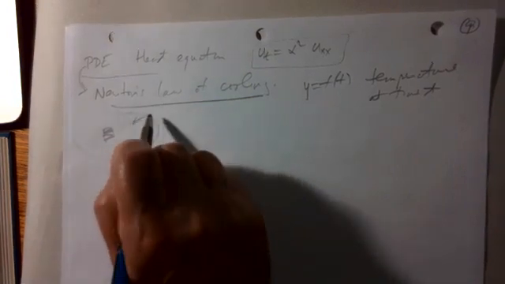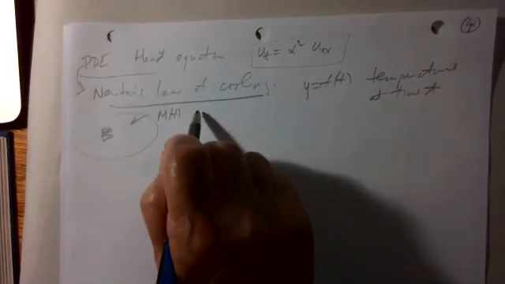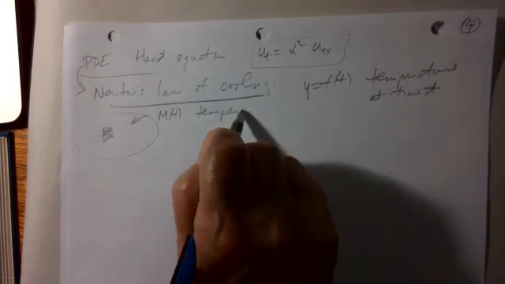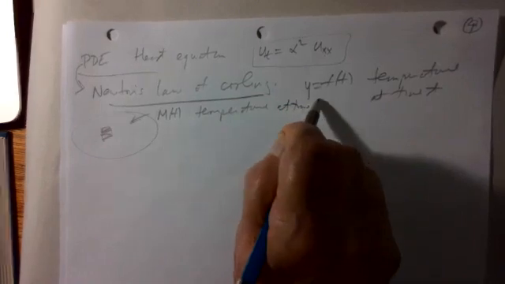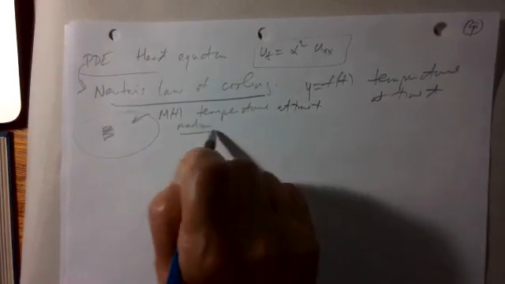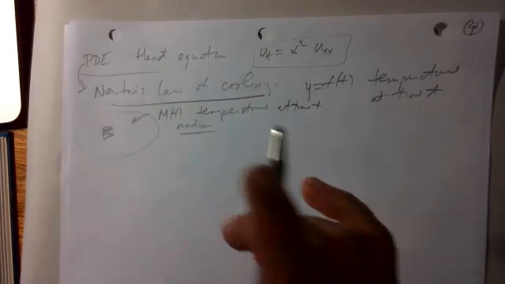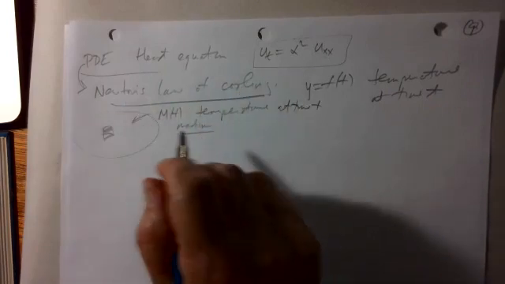So let's say this is the medium. M of t is the temperature at time t in whatever medium, whatever space your body is located in.